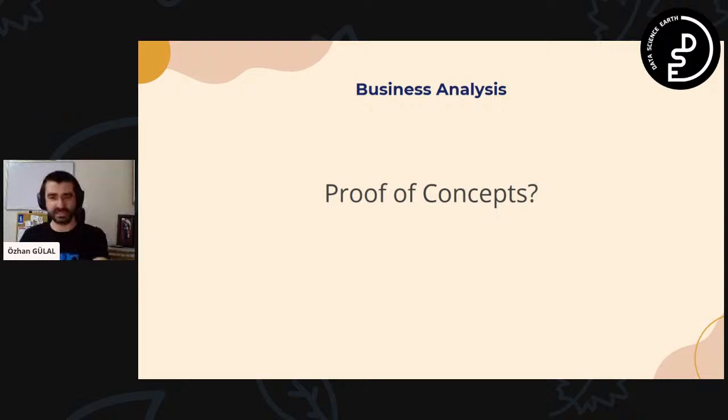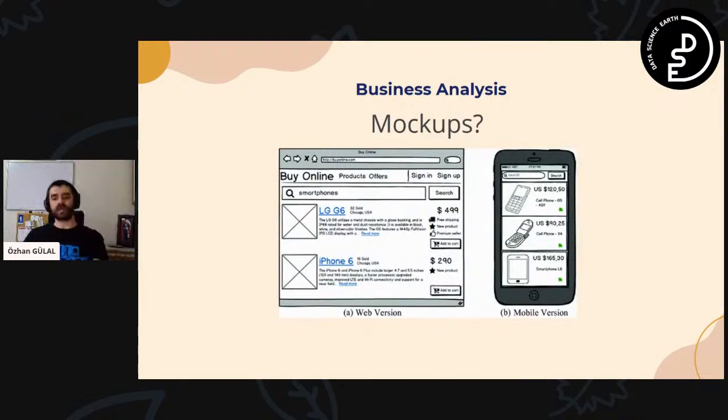After the proof of concepts, you're going to use mockups. And you can see on the presentation page some easy and basic mockup display examples. Mockups are actually, we can say, fake display designs. We had an idea, and especially this step is seriously important for the front-end developers, because they are designing this display, and also the display must be user friendly, and our customer has to like it.